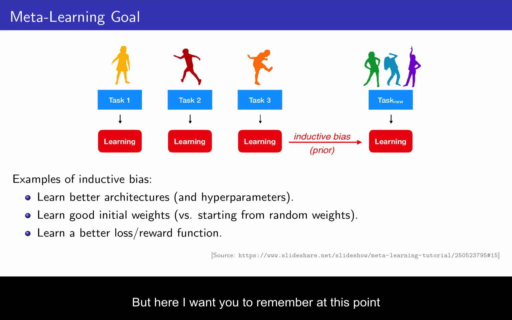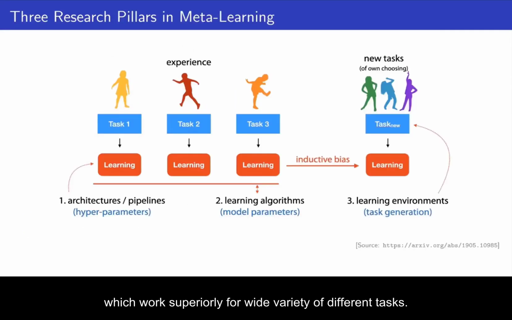But here I want you to remember at this point that meta-learning algorithms retrieve these weights from training on multiple tasks, whereas during supervised or self-supervised transfer learning, the weights are only transferred from one or at most two pre-training tasks. Another direction of meta-learning concerns the learning of better loss or reward functions, which work superiorly for a wide variety of different tasks.